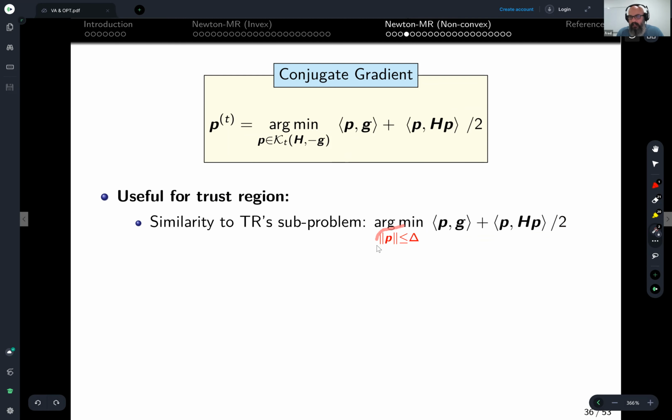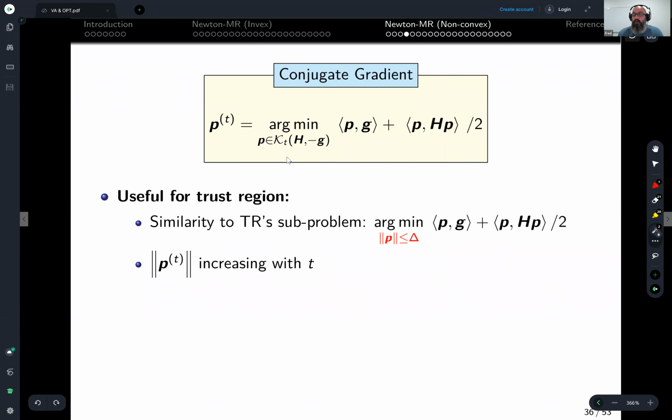The difference is that here, the trust region subproblem involves a ball of radius delta as a constraint, while CG involves a subspace. So the subproblems are very similar. In order for me to solve this, let me look at what CG does, because it is essentially optimizing the same quantity, even though with a different constraint, and there could be things I can leverage from that.